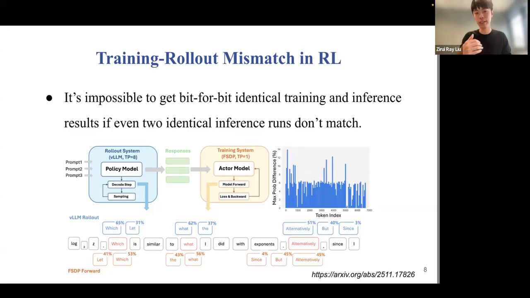So if you change your serving system from vLLM to a training system like FSDP, the token probability may just change from 0% to 100%. That will destroy your entire RL training process, because in RL you need to use something called importance sampling. With importance sampling, you need to calculate the ratio of the old policy to the new policy. But if you have this problem, then importance sampling doesn't work, and then definitely your result is bad.